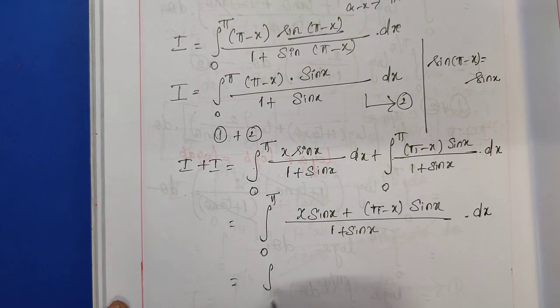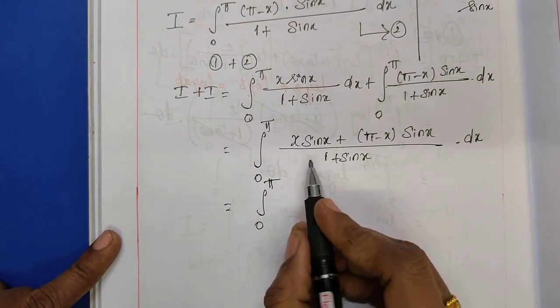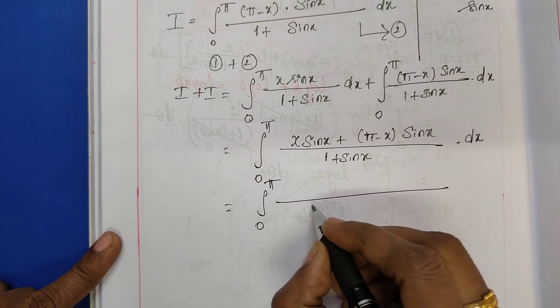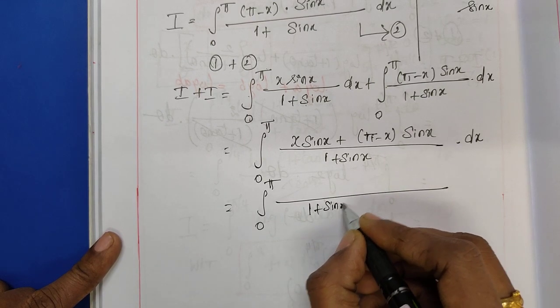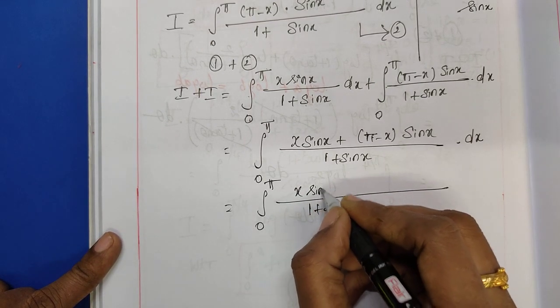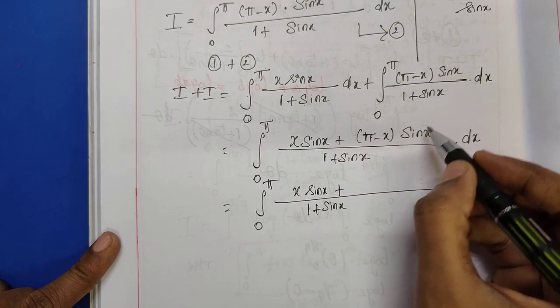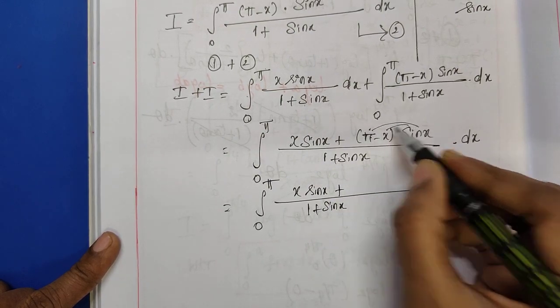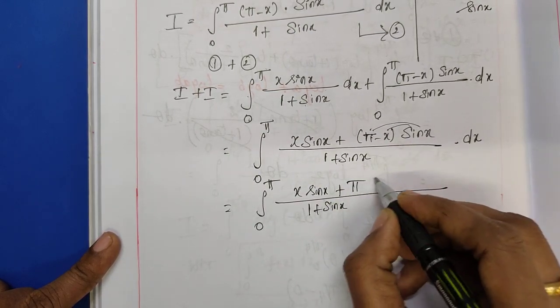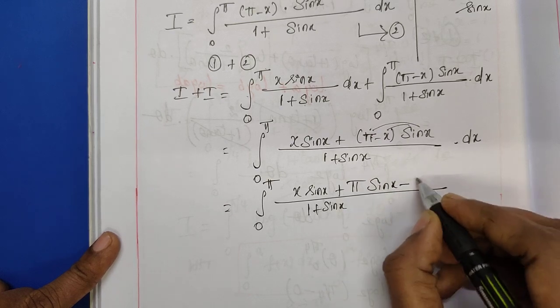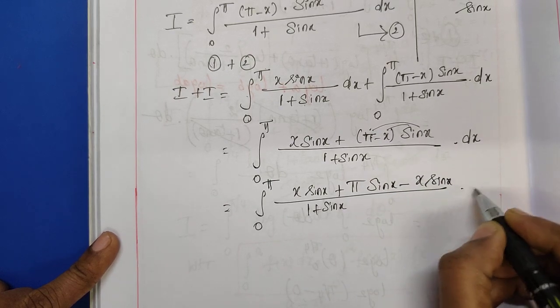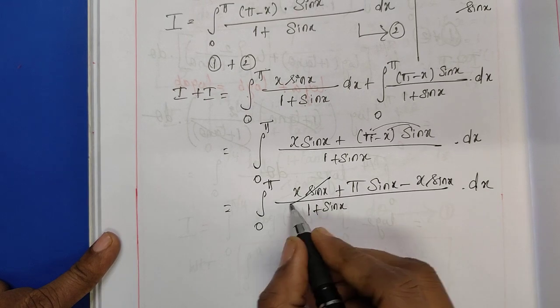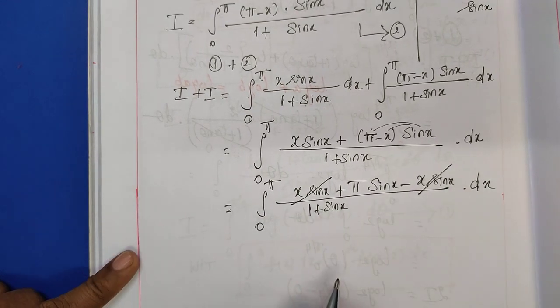This is equal to the integral from 0 to pi, divided by 1 plus sin x, of x sin x in the numerator. Multiplying sin x inside the bracket, we get pi sin x minus x sin x dx. This x sin x and minus x sin x cancel.